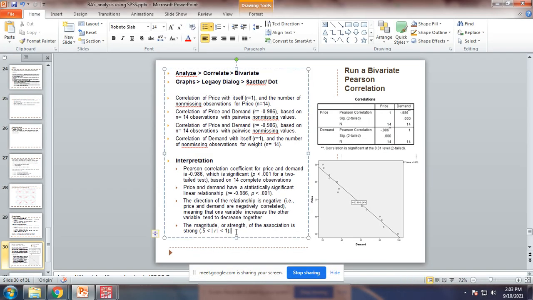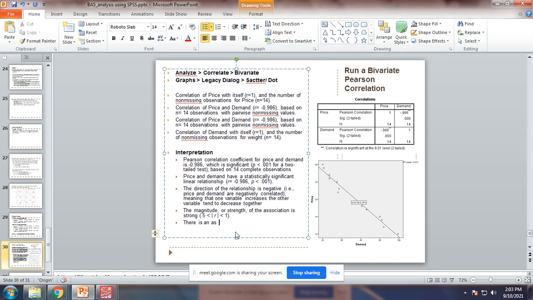Okay, I'm just adding that. So there is an association between price and demand.